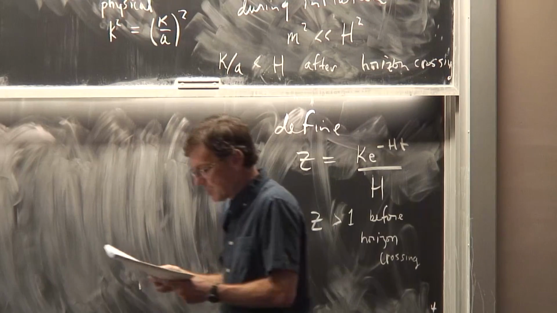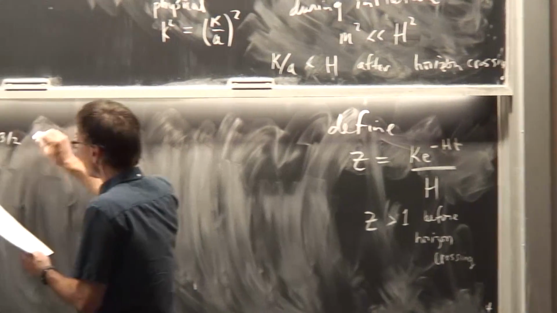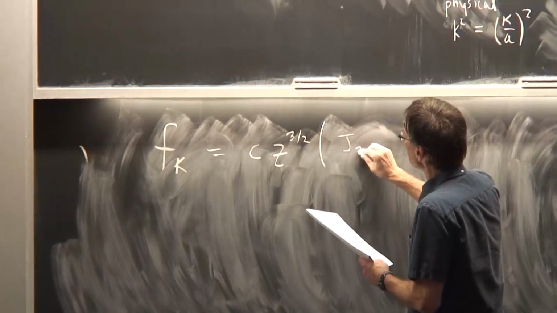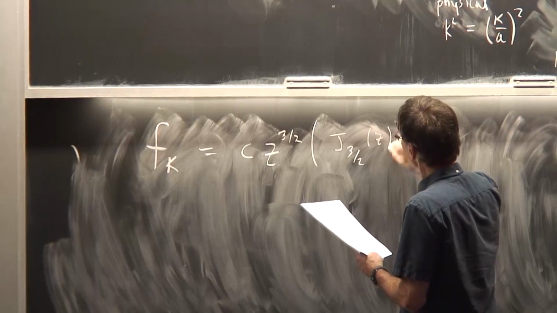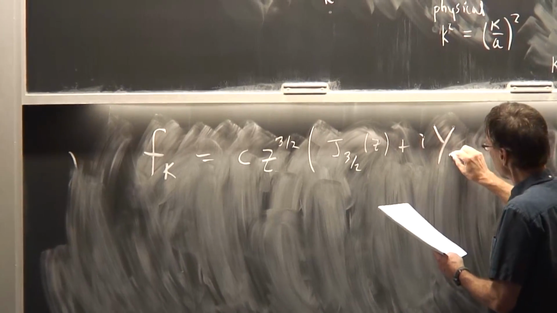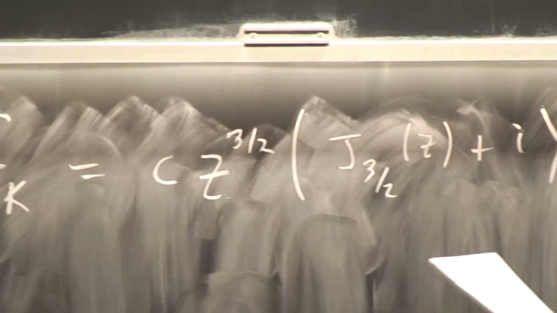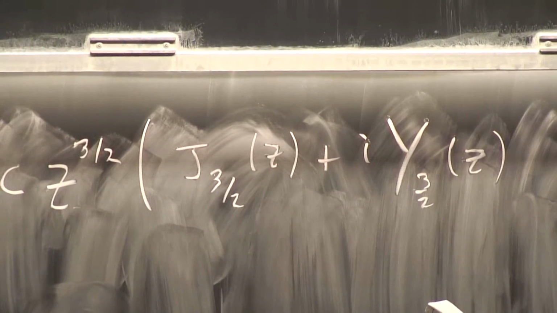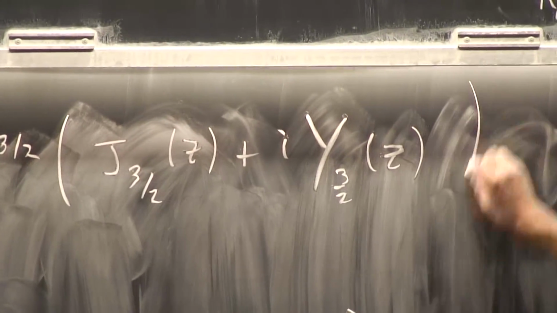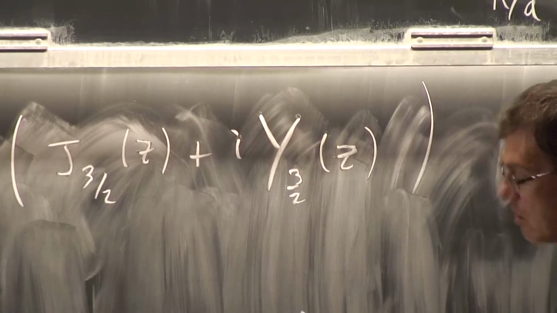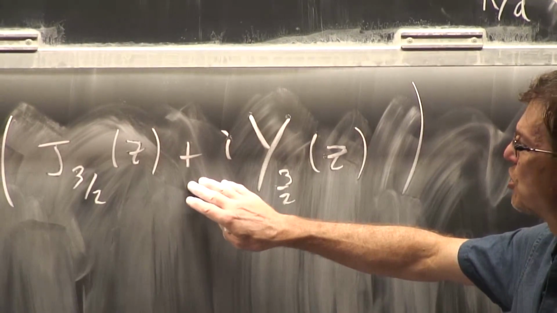No matter, let's just solve this thing. It turns out it's J 3/2 plus i Y 3/2 of z. And there are two linear combinations you can choose.